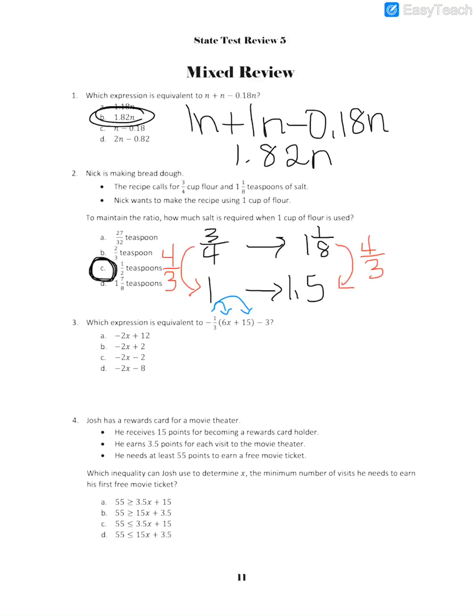So if I have negative 1/3 times 6, that's really 6 divided by 3, negative 2x. Same thing here, 15 divided by 3 is 5, so negative 5, and then the minus 3. Last thing I need to do is combine like terms. Those would be these two because they are constants, and that gives me negative 8.